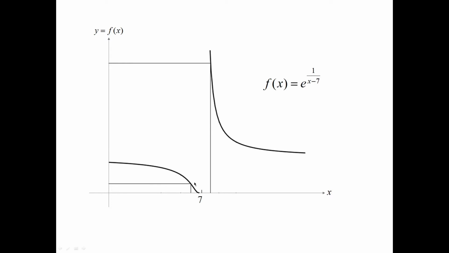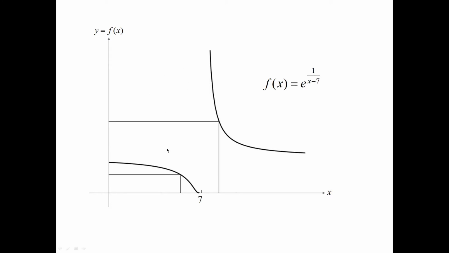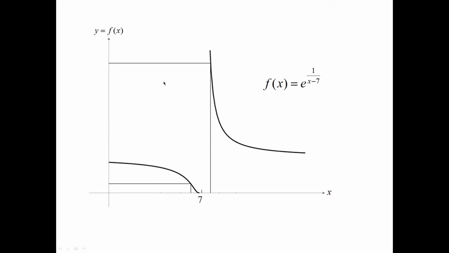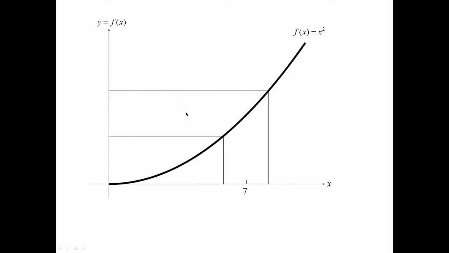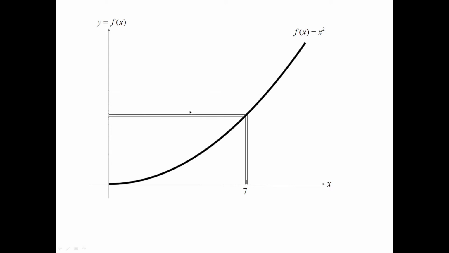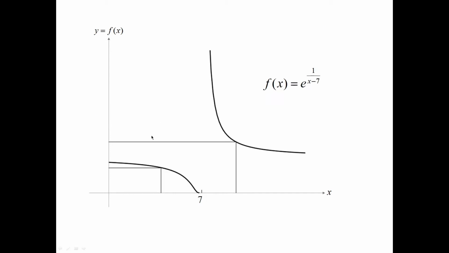And that's because this limit is going to infinity. And remember, like the previous example, we want these lines to converge. That's our limit. In this case, though, the outputs are diverging, and so the limit doesn't exist.